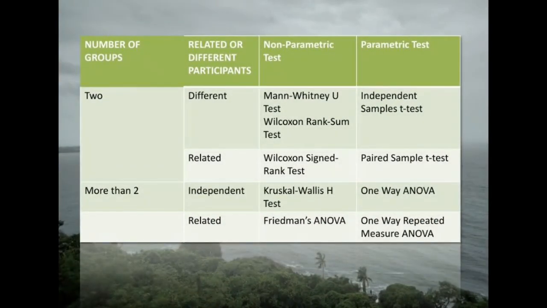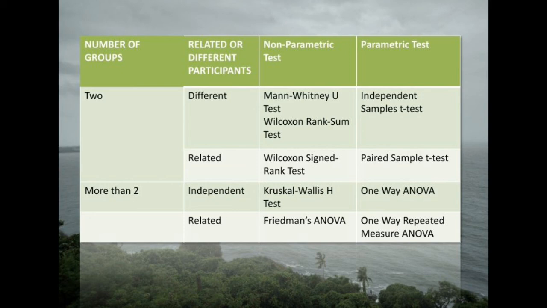So we studied the procedures of applying 6 non-parametric tests in SPSS. These were Chi-Square Test for Independence, Mann-Whitney U test, Wilcoxon Rank Sum test, Wilcoxon Signed Rank test, Kruskal-Wallis H test, and Friedman's ANOVA. Chi-Square Test for Independence is applied when we have 2 categorical variables. Mann-Whitney U test and Wilcoxon Rank Sum test are applied as non-parametric equivalent of independent samples t-test.